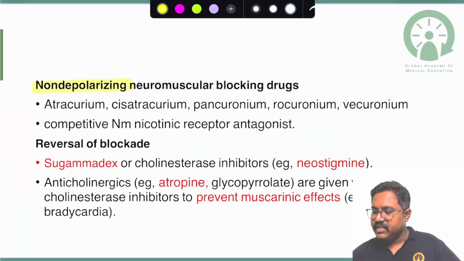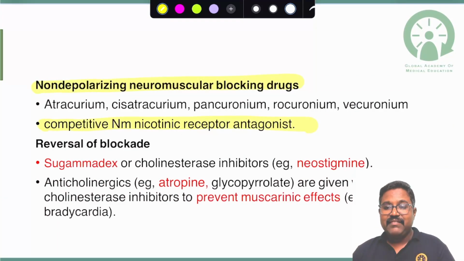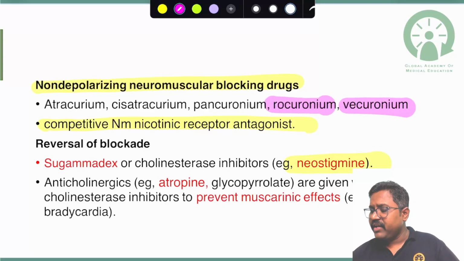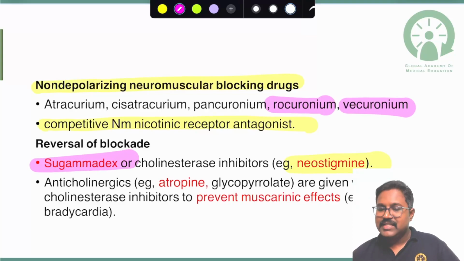They are non-depolarizing skeletal muscle relaxants, also called competitive NM nicotinic receptor antagonists. Whenever you are reversing the activity of a competitive NM nicotinic receptor antagonist, the drug of choice will be neostigmine, that is the anticholinesterase. Particularly for rocuronium and vecuronium, you have sugammadex as the reversal agent.